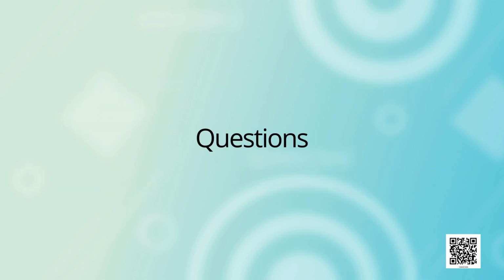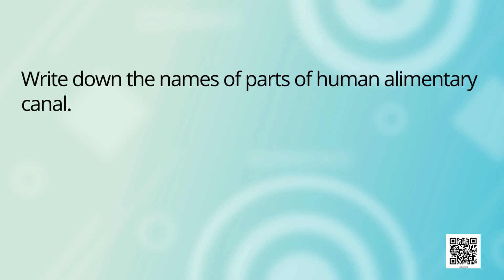Children, now I will ask you a few questions and I hope that you might be knowing the answers. My first question is, write down the names of the parts of the human alimentary canal.